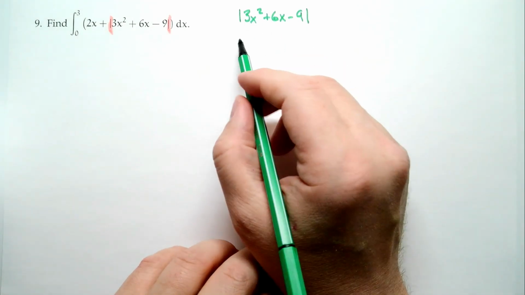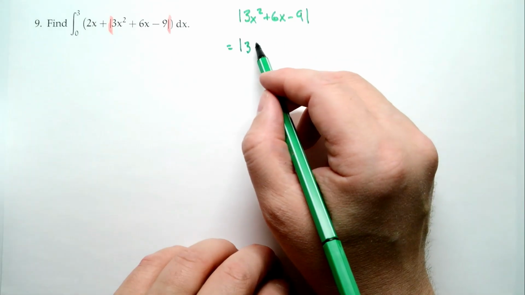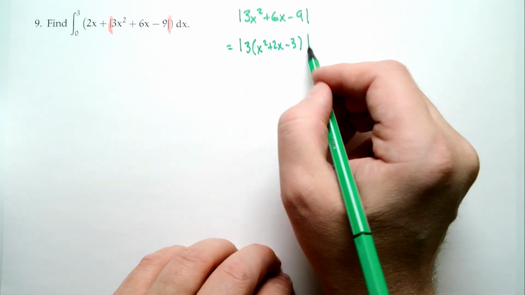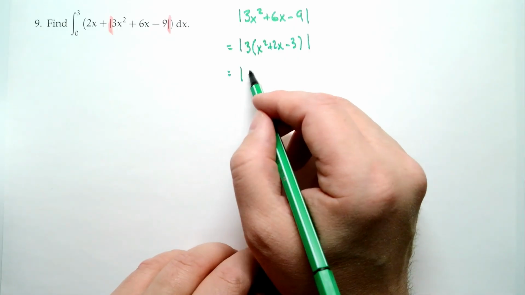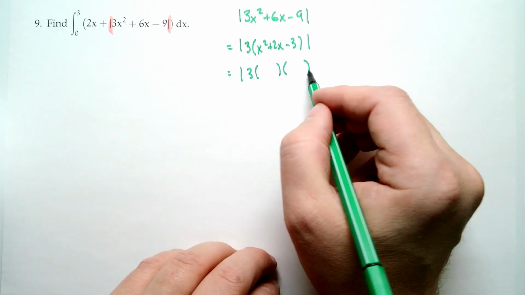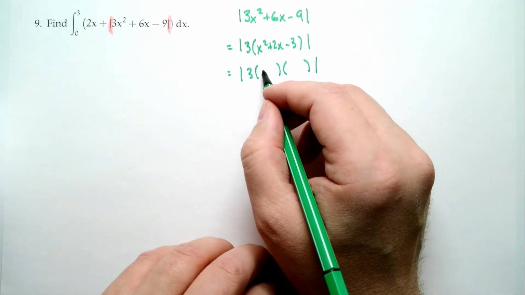So I need to get a handle on what this is. Now, you'll notice that one thing we can do is pull out a 3. So that's x squared plus 2x minus 3. And, of course, as everything seems to happen in this class, these will probably factor. Well, does it? It does.